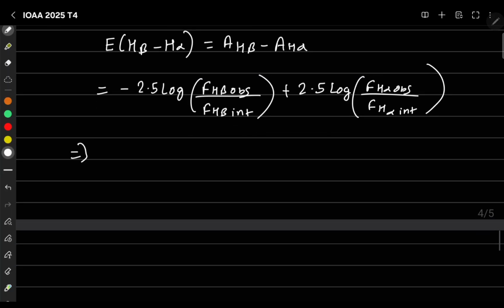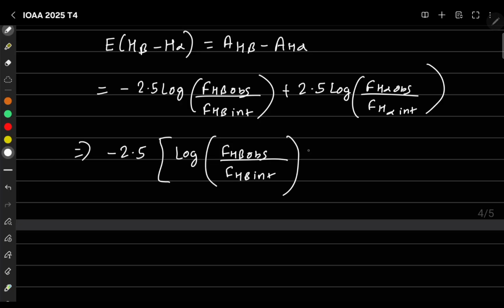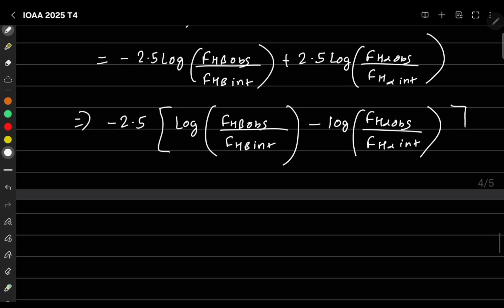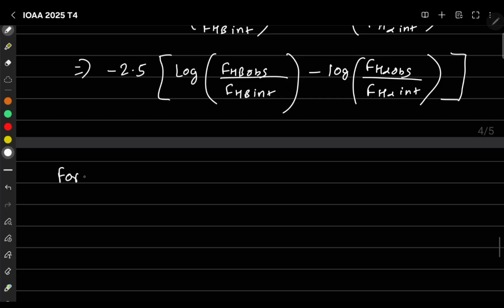Now I will take minus 2.5 common: log of F_Hβ observed over F_Hβ intrinsic, minus log of F_Hα observed over F_Hα intrinsic, right? So now from the log relation, log a minus log b can be written as log a by b.